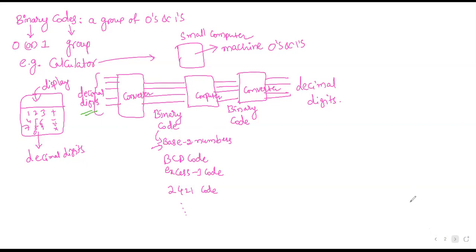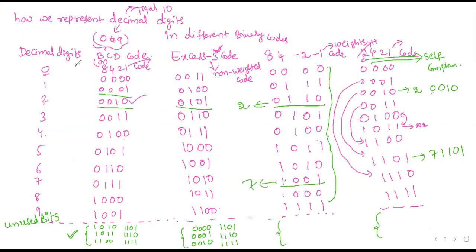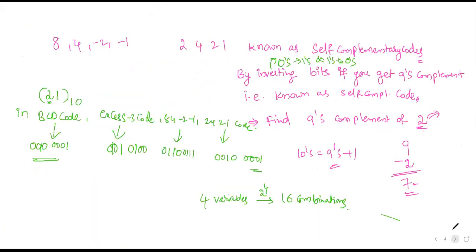Here we discussed how to represent a given decimal digit in different ways in binary code: BCD code, XS3, 8 4 minus 2 minus 1, 2421. Okay? This 8 4 minus 2 minus 1 and 2421 are known as self-complementary codes.